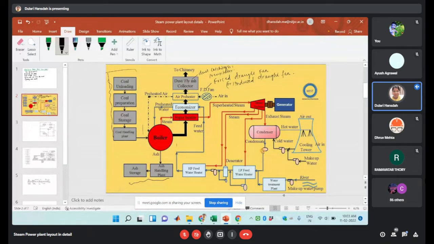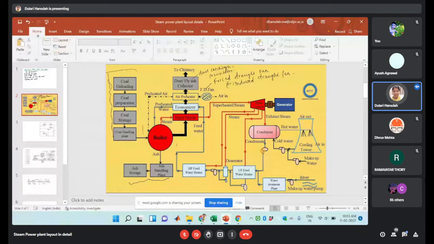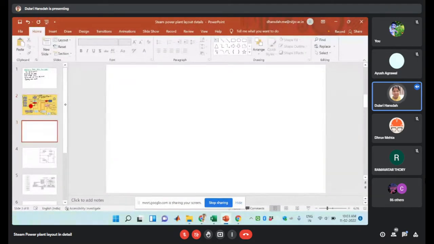Okay, so now we are going to discuss the selection of the site for the steam power plant. So, what will be the points which we will consider to select the site for the steam power plant?